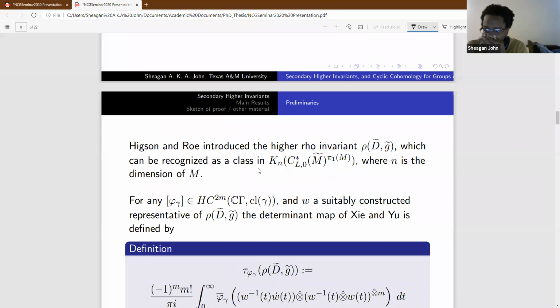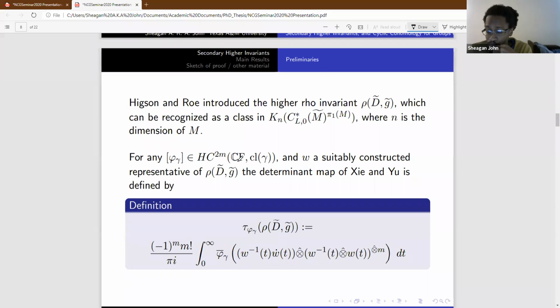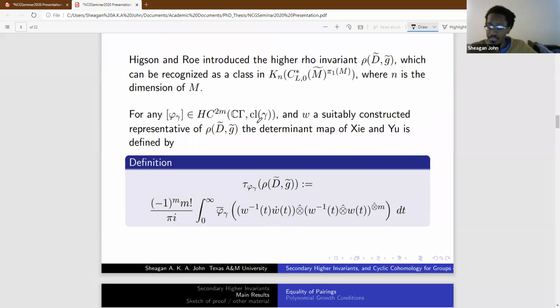So it's a K theory class, a concrete K theory class in this localization algebra ideal, where our n is going to be the dimension of our manifold. So now we want to do something similar with the secondary higher rho invariant, and that is pair it with cyclic cohomology. So we do something similar.